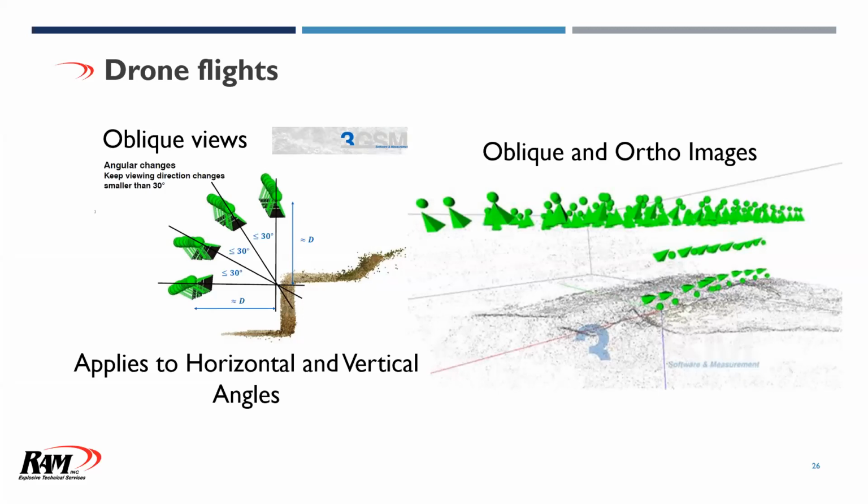And this is where the hand flying comes in, because there's really, to my knowledge, not any one software out there that does a great job on flying across the face and at these different angles. So again, that's part of the pilot skills that you need to be able to get good solid models built from your images. So this will kind of give you an idea of what we need to do with the flights, how we go about that.